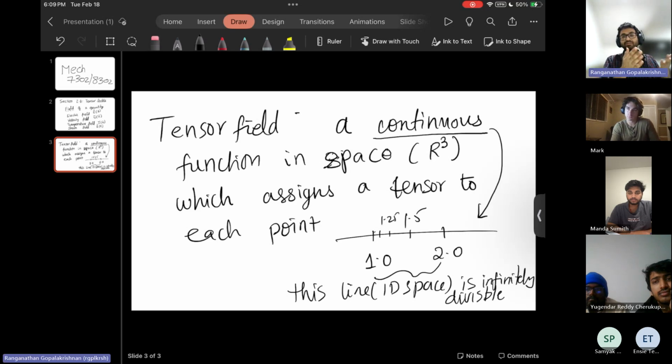The idea of a tensor field is you can keep subdividing. You can take any point and any very close adjacent point, and the function is still mathematically defined. That picture essentially assumes your block of metal is infinitely divisible. You can keep making smaller and smaller blocks and nothing would go bad.